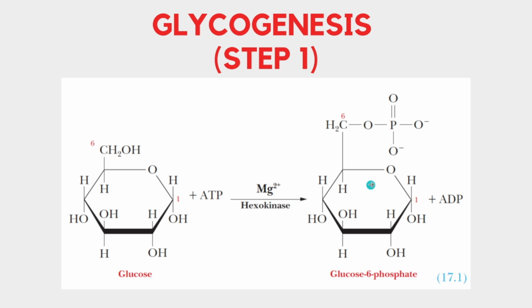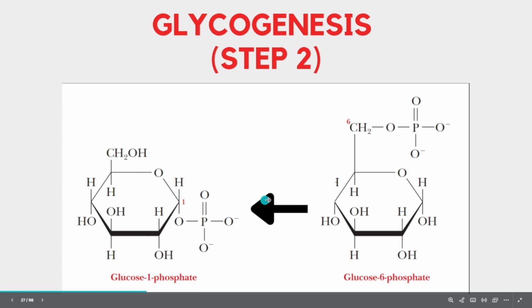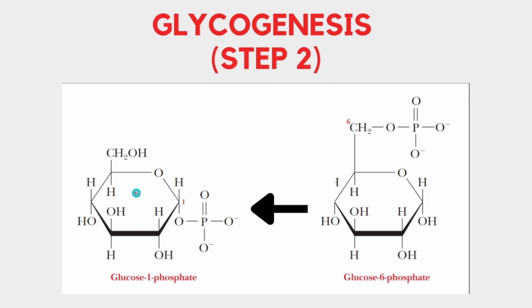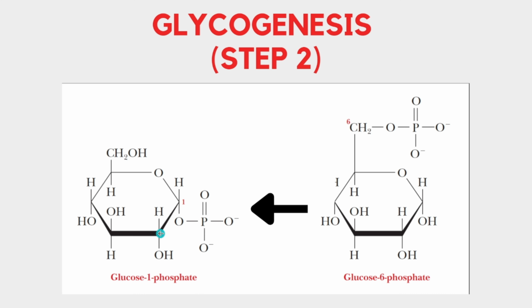Glucose is phosphorylated into glucose 6-phosphate by using the enzyme hexokinase. After that, glucose 6-phosphate is isomerized into glucose 1-phosphate. They change the phosphate group from carbon number 6 to carbon number 1. So this is the second step. I think it's clear.